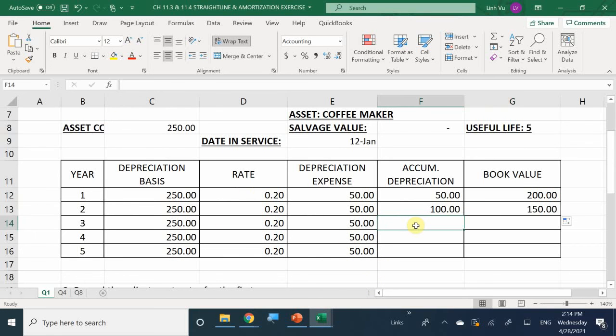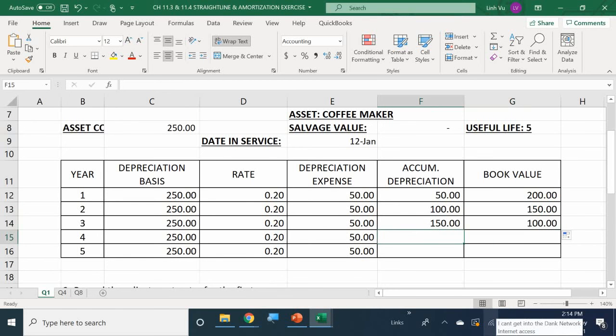Anybody, what's 100 plus 50? 150, which is my accumulated depreciation for the third year. Therefore, what's my book value going to be? It's going to be 100, right?